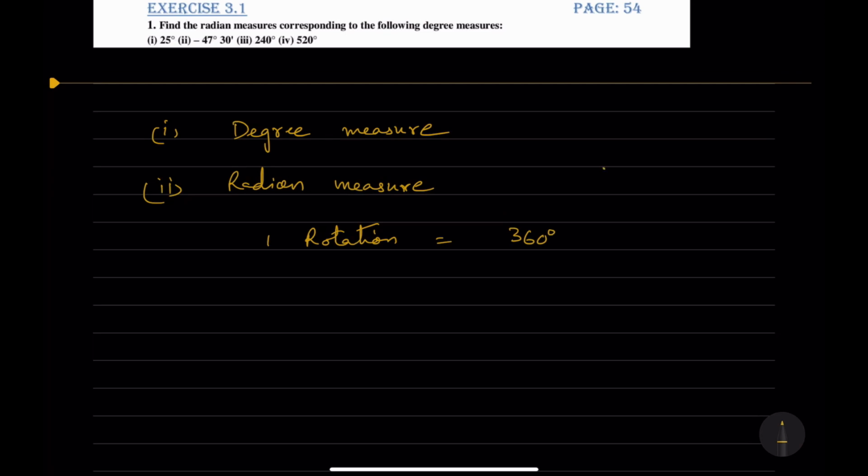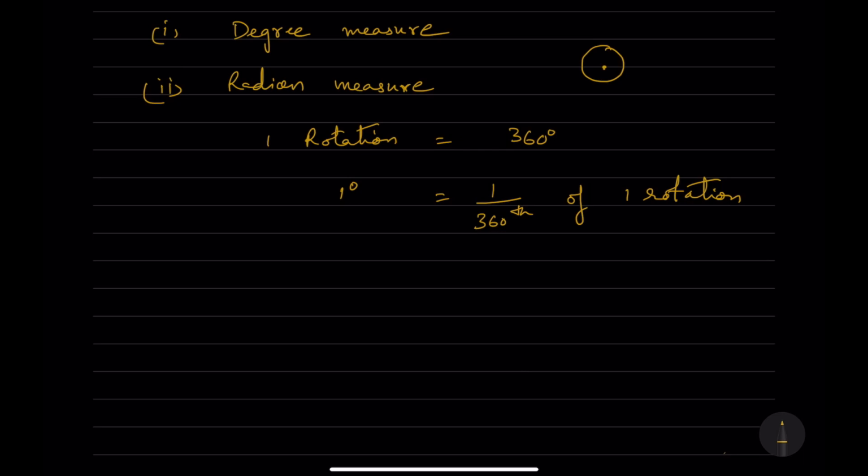So 1 degree is equal to 1 by 360th of one rotation.